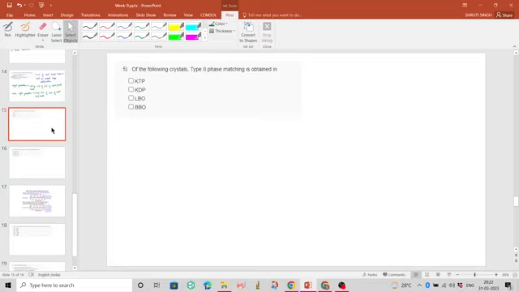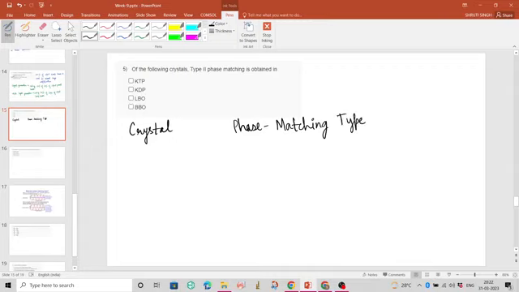In which of the following crystals is type 2 phase matching obtained? Now we have to see what type of phase matching happens in which crystals. So let's see. Here I am writing the crystal, and here is the phase matching. Now let's write, first one is the KDP.